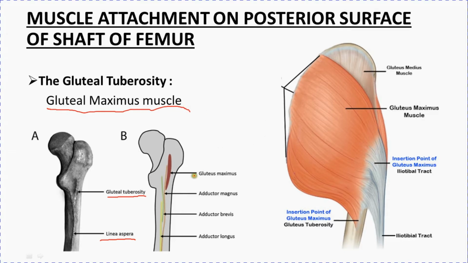This is the gluteus maximus muscle, which is inserted on the gluteal tuberosity of the femur. It is actually a continuation of the lateral lip of the linea aspera.